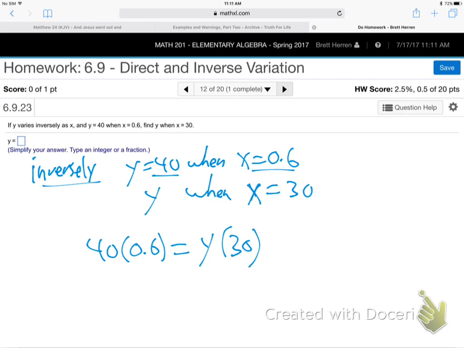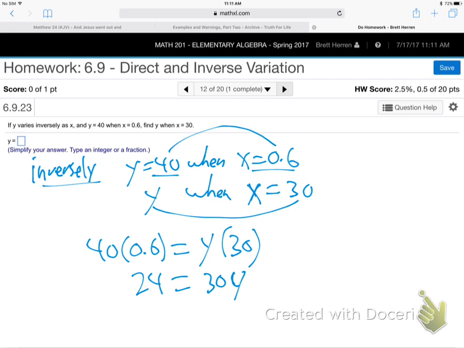Is that good so far? Everybody see what I did? I did 40 times 0.6 equals y times 30. And that's 24 equals 30y.